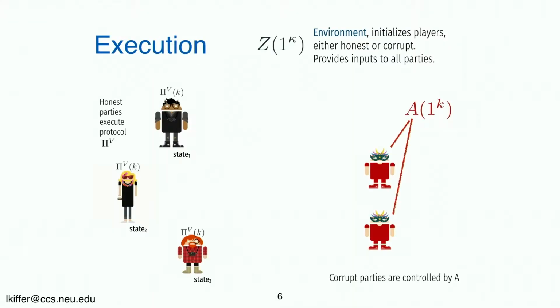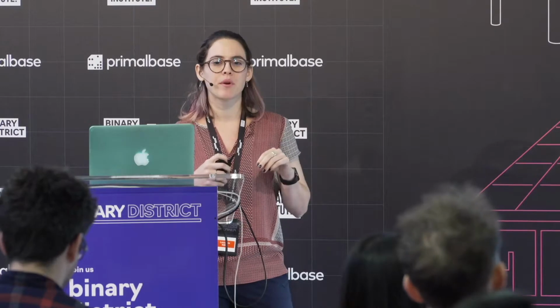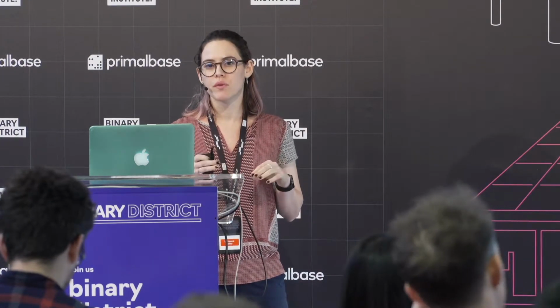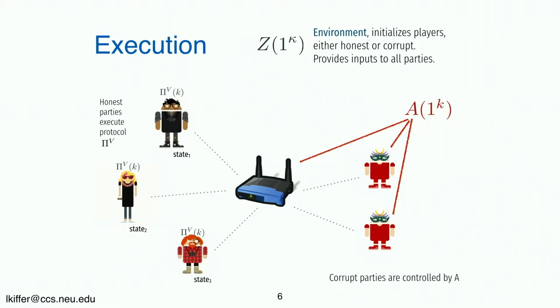Here in our model, all players are miners, and you have some that start off as honest, running the pi protocol, and some as corrupt, controlled by the adversary. I'm also going to model the network as the adversary having full control. So if an honest player wants to tell other players about a block they've mined, they tell the router, so the adversary, and then the adversary is in charge of delivering these blocks to all other players.